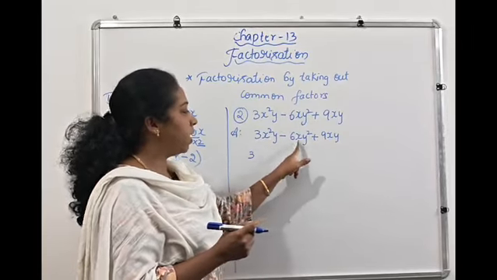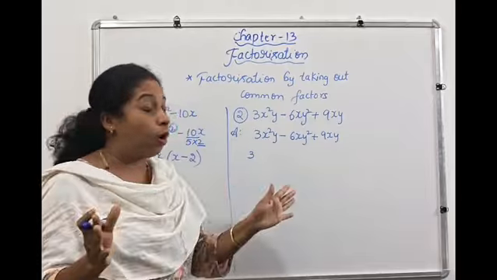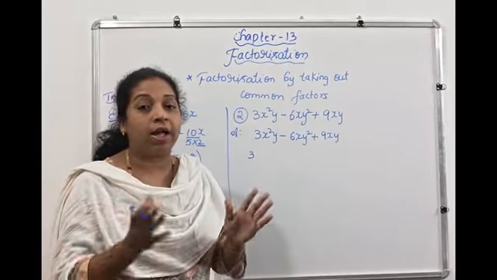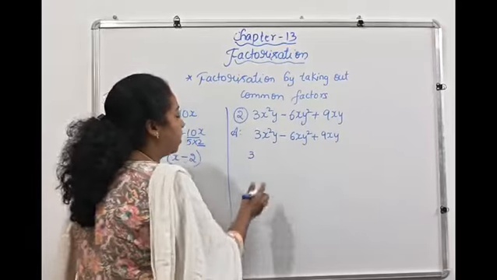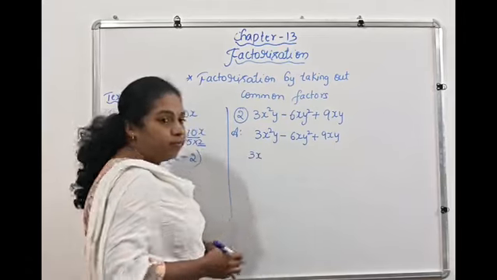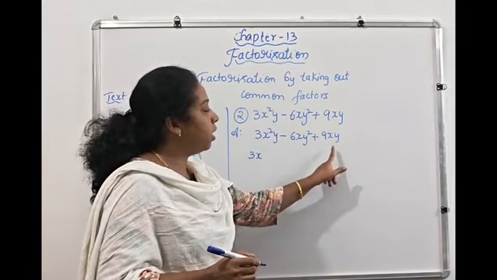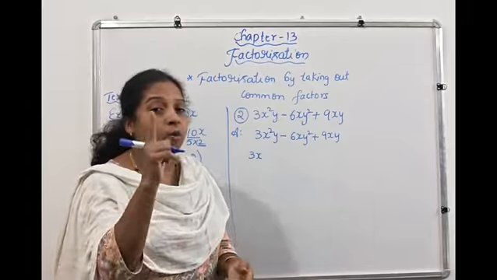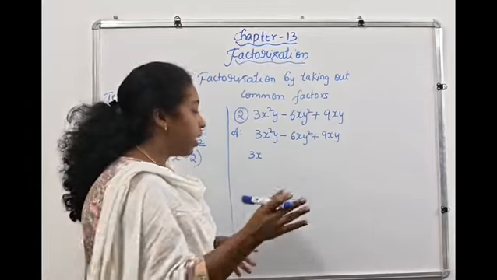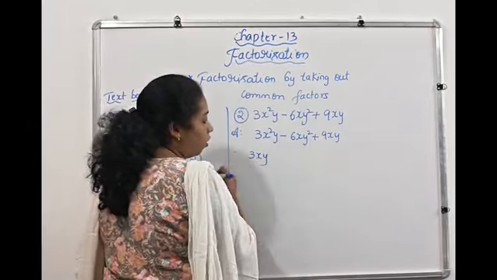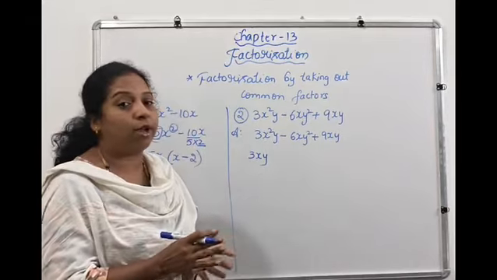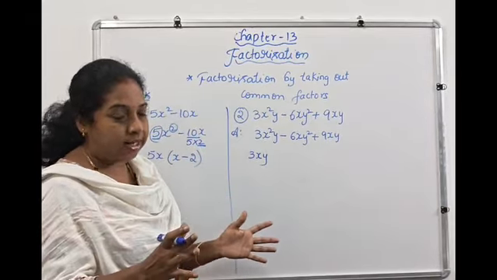Then x: all terms have x as common, so we'll take x out. And y: we can take out one y as common. So 3xy will be the common factor.